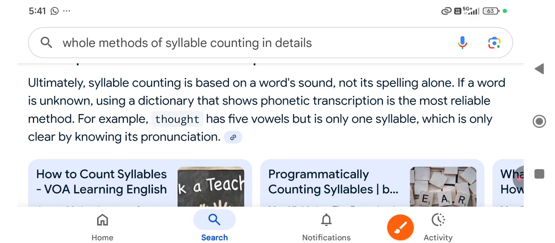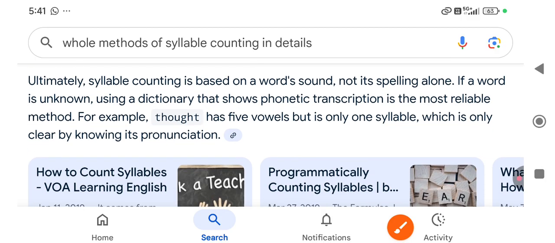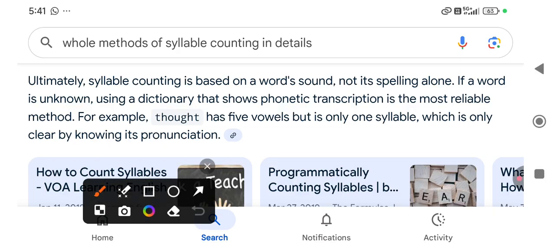And if a word is unknown, using a dictionary that shows phonetic transcription is the most reliable method.